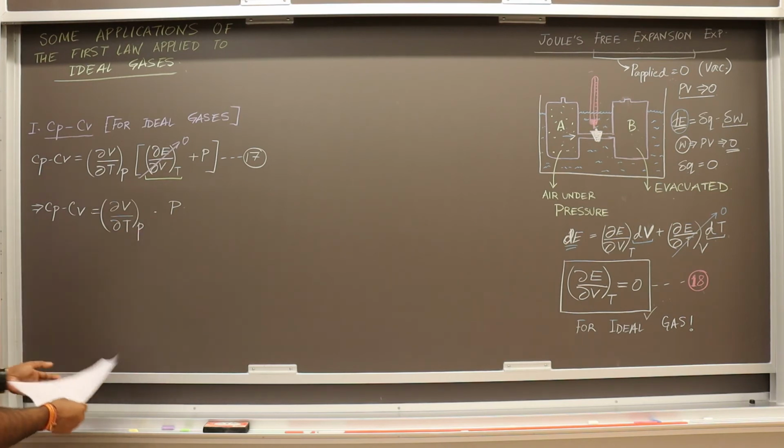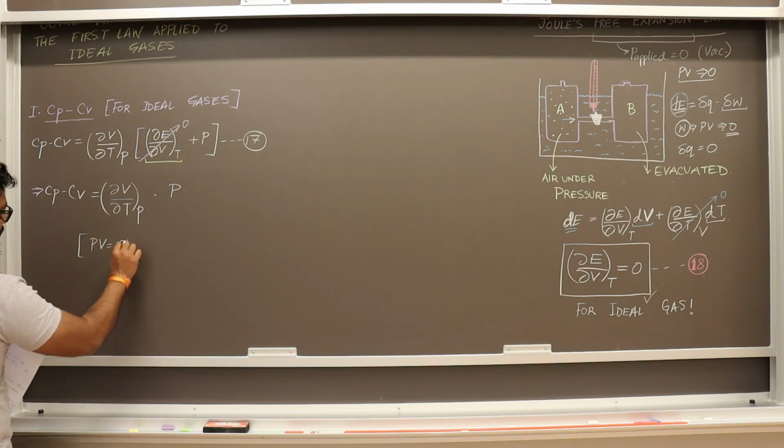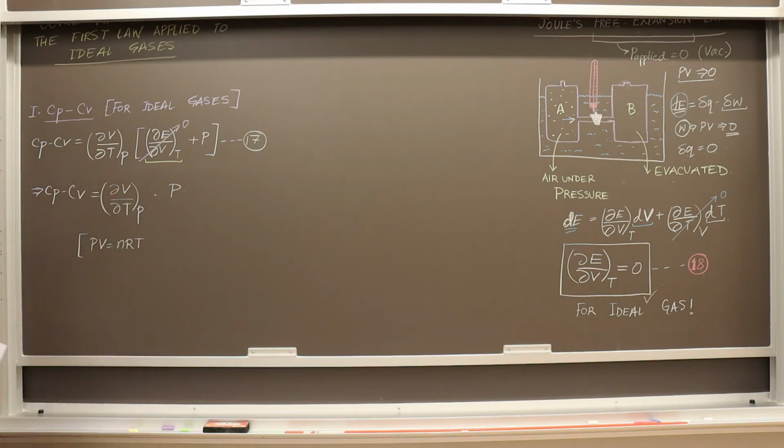Okay? Now, we remember that for an ideal gas, PV is equal to nRT. Okay? Now, if we want to find out the value of this equation, we have to find out the value of V. How do we find out the value of V?